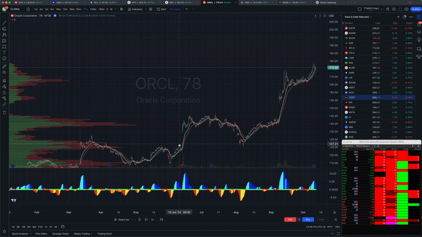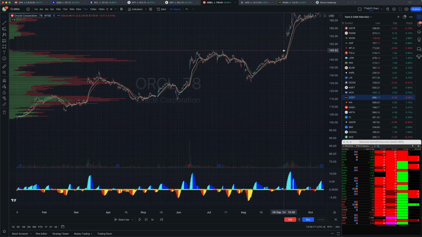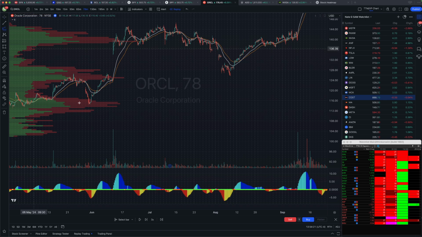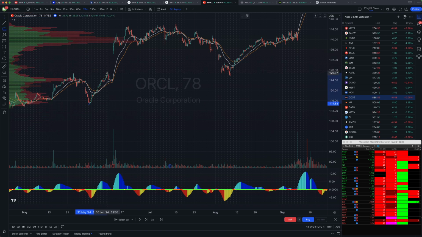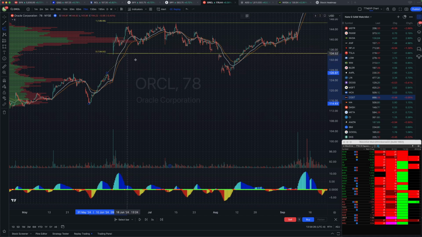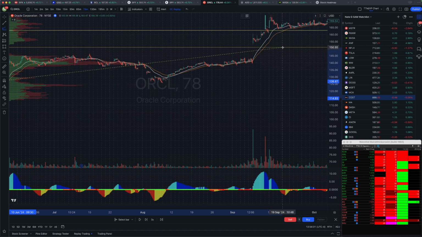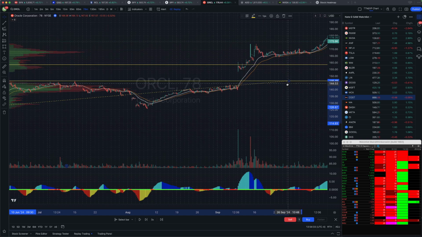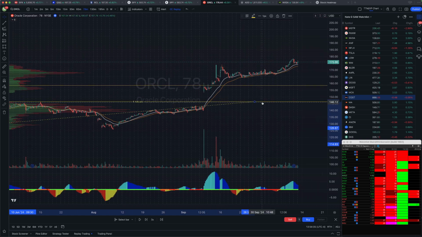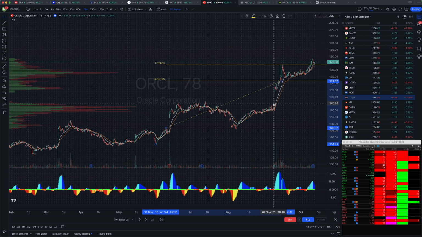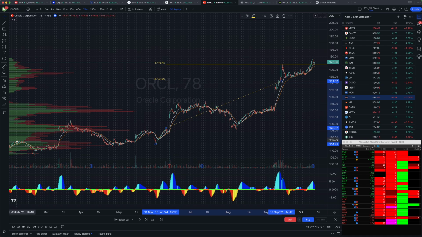That low to this high, I'm guessing. Okay, so do an extension, low to high, and then where are we measuring again? Somewhere up here. From that low to that high on that move, is that what you're measuring? I don't know what we're doing.